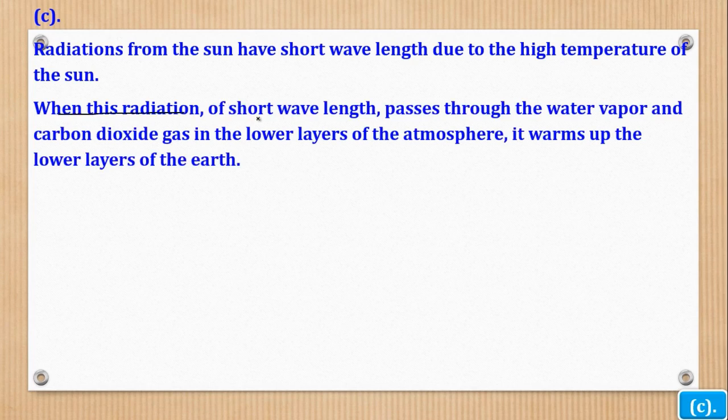When this radiation of short wavelength passes through the water vapor and carbon dioxide gas in the lower layers of the atmosphere, it warms up the lower layers of the earth.